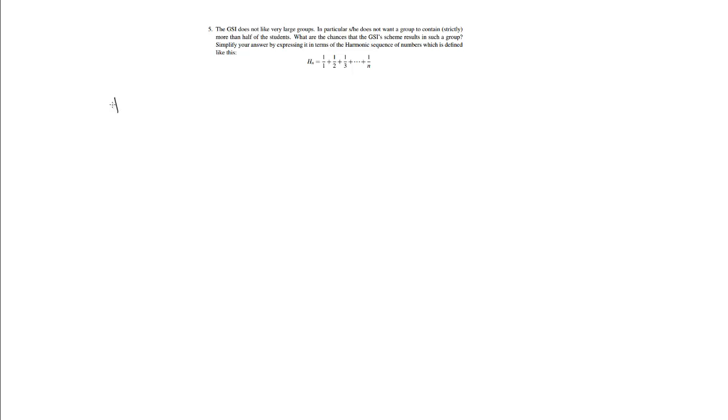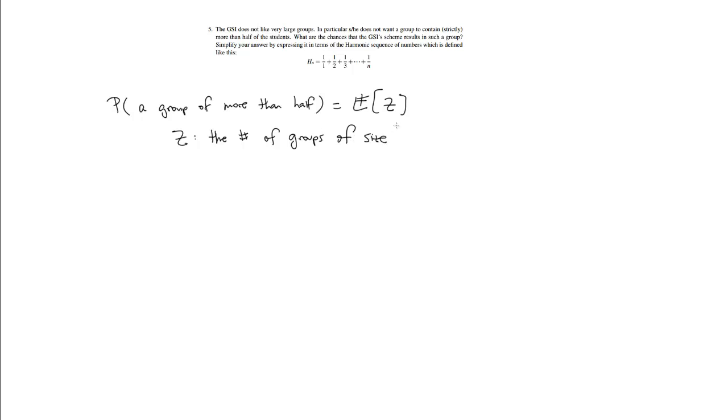So that means we can write the probability of a group of more than half is just the expectation of some indicator random variable Z, where Z represents the number of groups of size greater than n over 2.